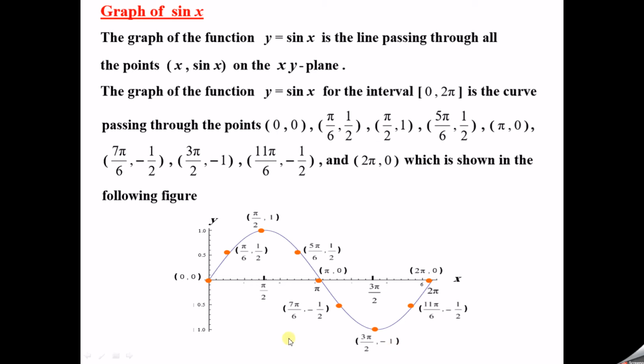That means sin x always lies between 1 and minus 1. So the maximum of sin x is plus 1 and the minimum of sin x is minus 1. So we say the range of sin x is between minus 1 and plus 1.